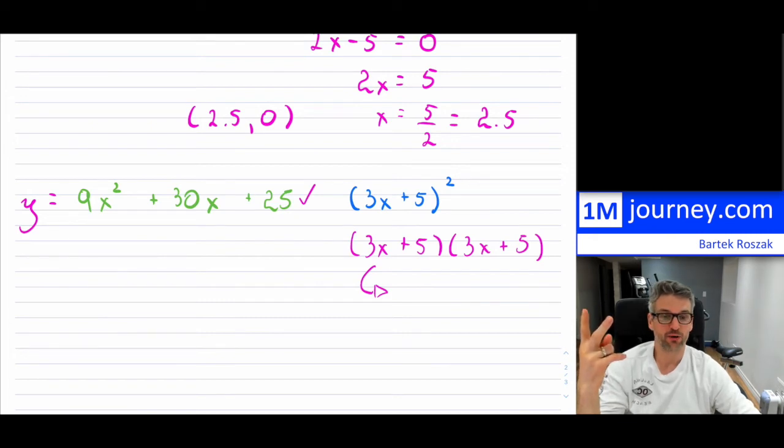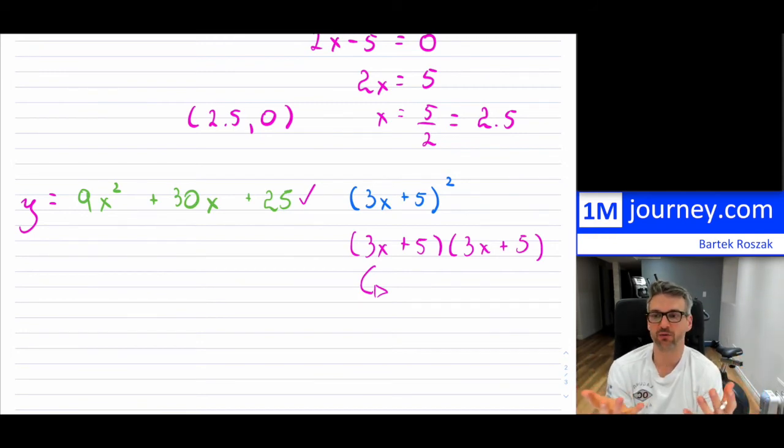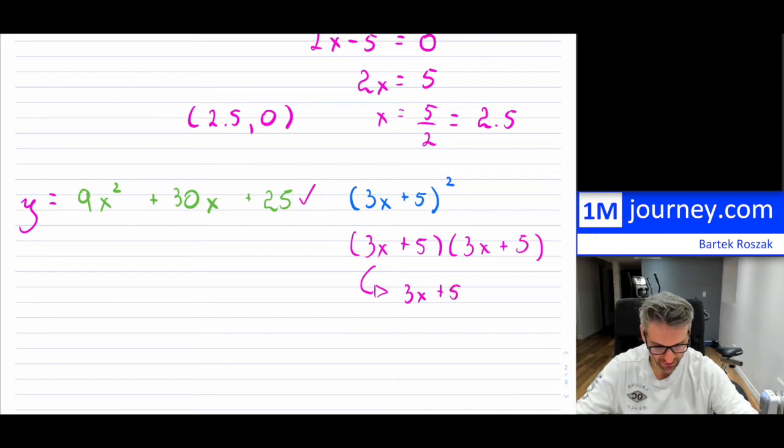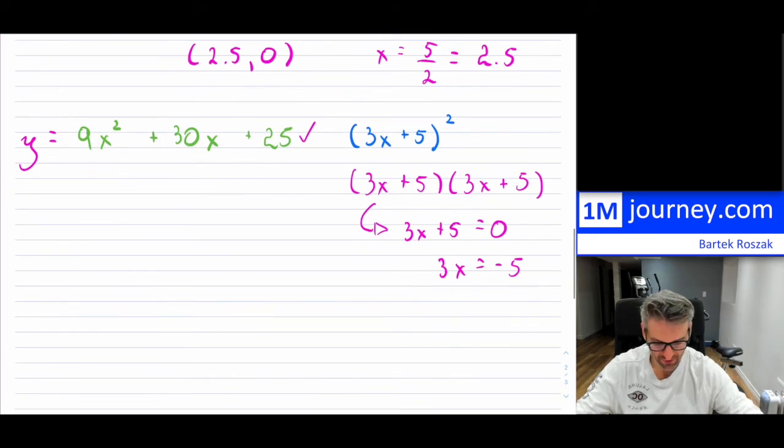But now, how can it cross in the same place? This is the beauty of being able to see this, use your intuition, and then start graphing it and seeing what will actually happen, because now they're the same. Now if I set 3x plus 5 equal to 0, what I'm going to get is negative 5 as I flip it over, divided by 3, so x is going to be negative 5 over 3.